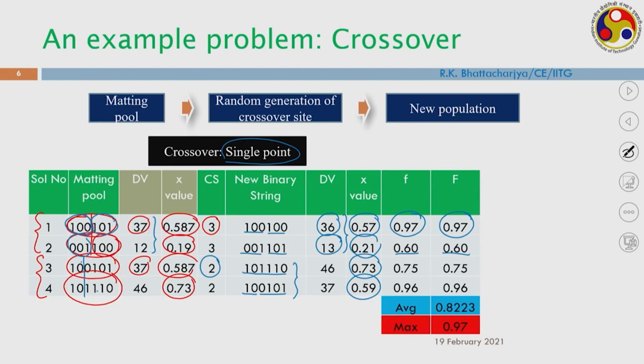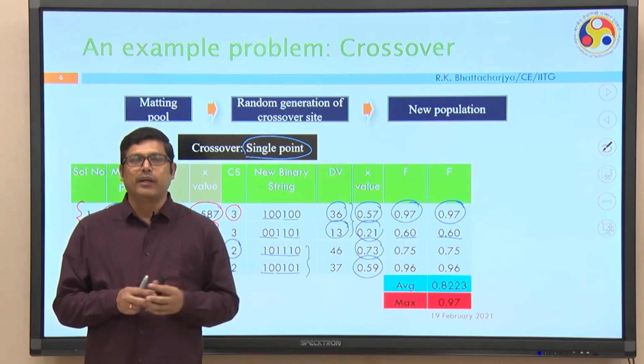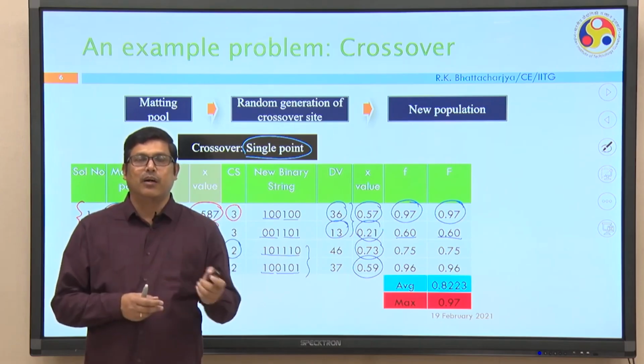You are not getting 58 from 37, or 5 or 6 from 12, something like that. What you are getting is a solution near to the parents. So, what is crossover doing? Crossover is creating a solution near the parents. Slowly it is going towards the optima.